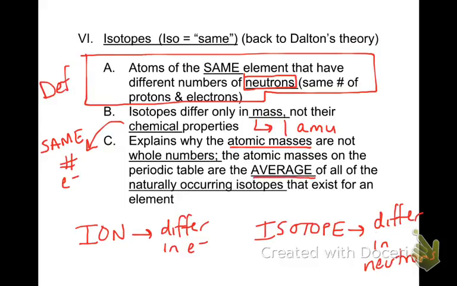And when we get to our next video, we're going to talk about the weighted average of all of the naturally occurring isotopes. So the key word here would be naturally occurring. Averages are rarely whole numbers, so that's why our atomic masses are not whole numbers. And we'll see that with our next video, how you can calculate that average.